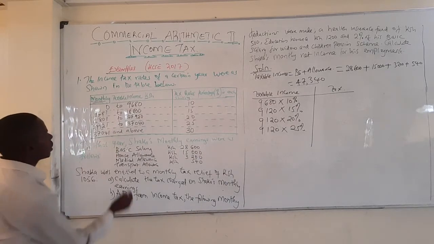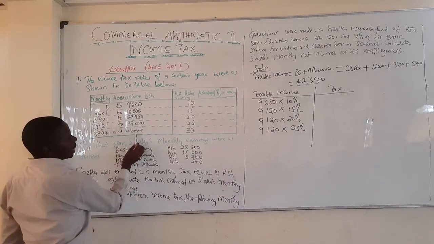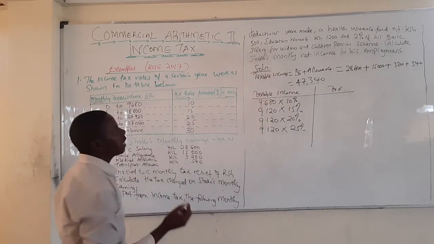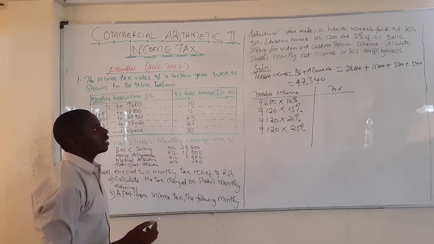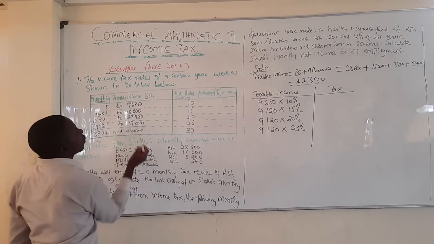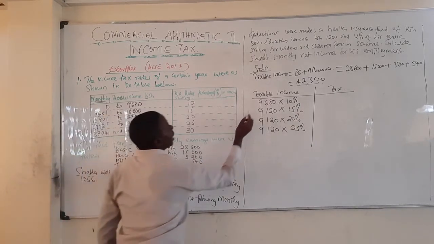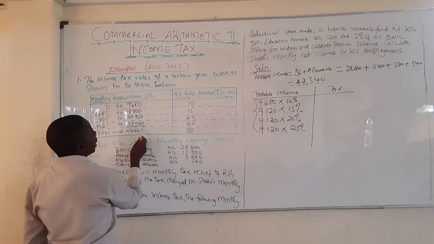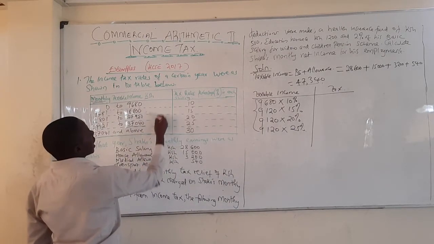Lastly, what are you going to tax in the last bracket? We take our taxable income, which is 47,340. We subtract whatever you have already taxed, because when we add these figures here, they should give you up to that 37,040. That is what we have already taxed.